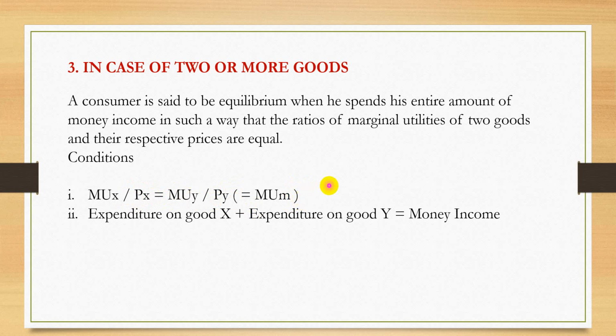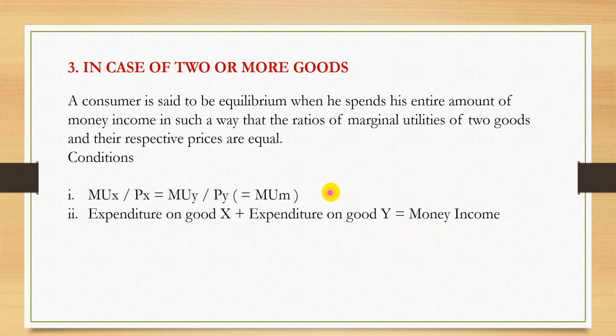It is a necessary condition, but this condition is not sufficient. It follows the second condition, that is, expenditure on good X plus expenditure on good Y is equal to money income.